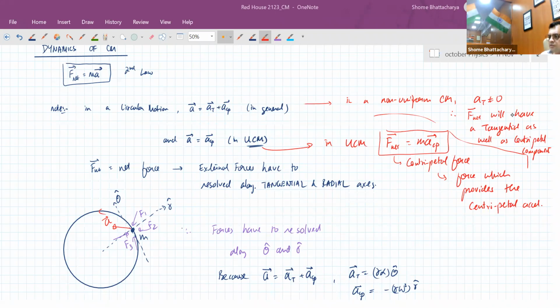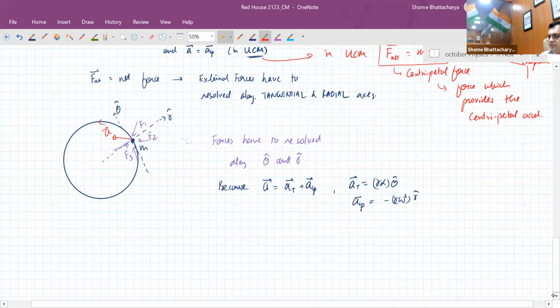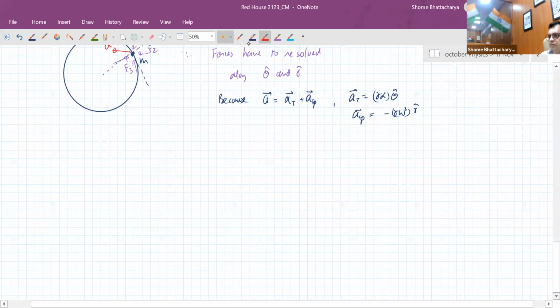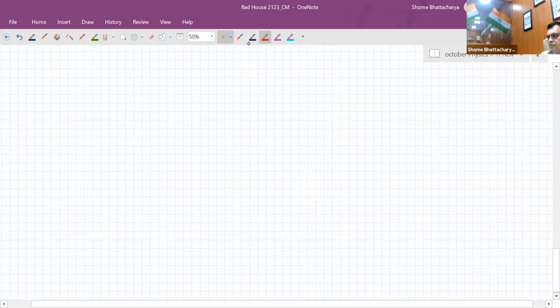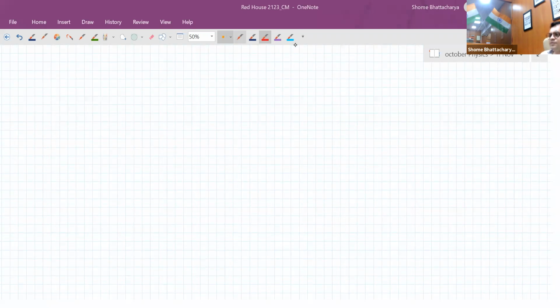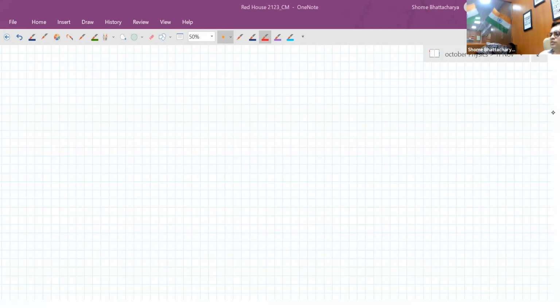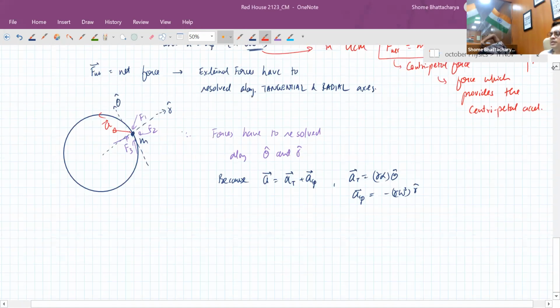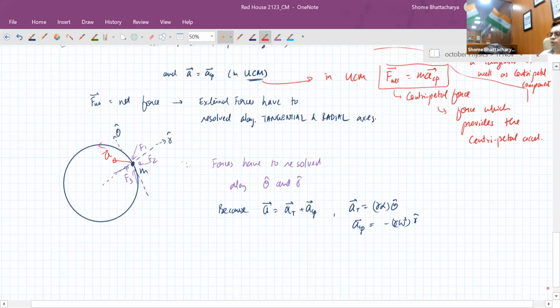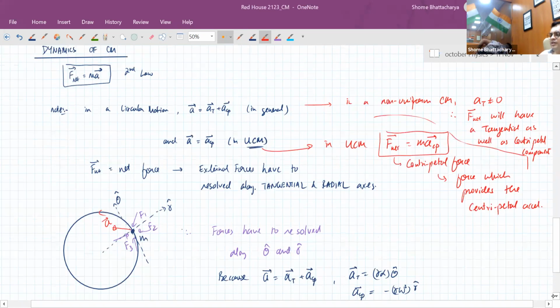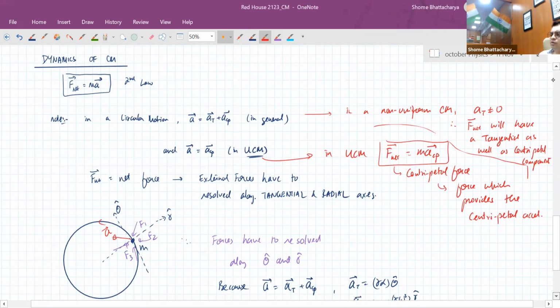Okay, so let's now understand our first numerical example. Yeah, there's no specific name as such, but we can call it the tangential component of net force. Okay. So what will happen is that when we are in a situation of non-uniform circular motion, your net force will be neither purely tangential nor purely centripetal.